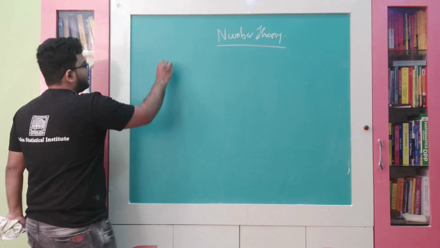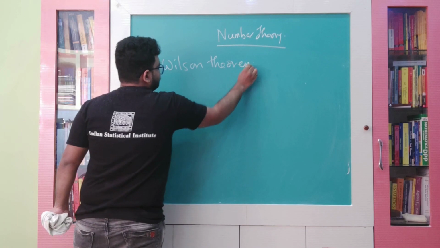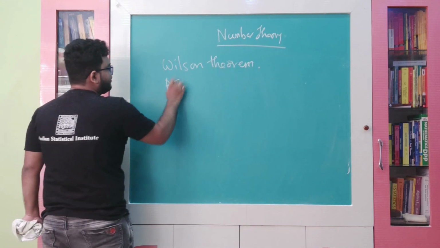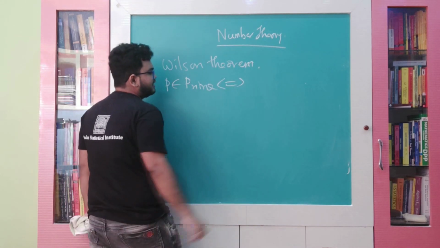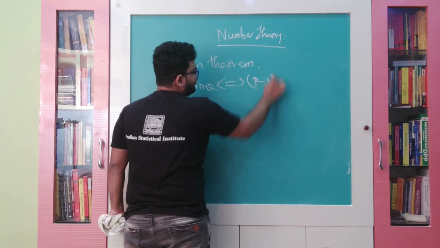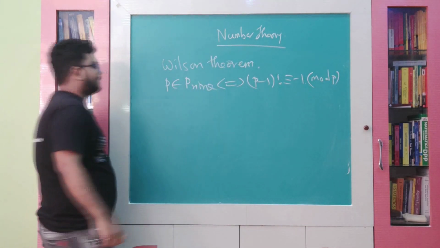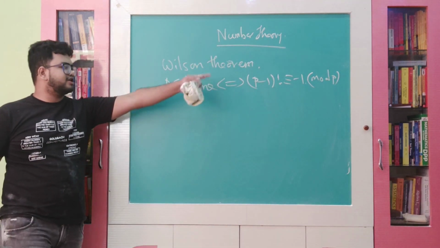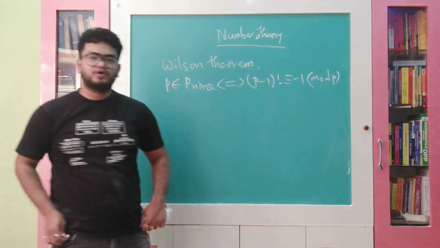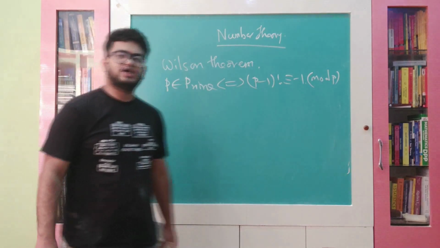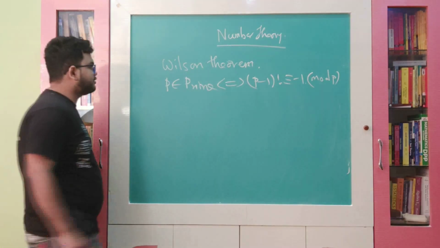The first is Wilson's theorem. It says that P is prime if and only if (P minus 1) factorial is congruent to minus 1 modulo P. Okay, this is Wilson's theorem.